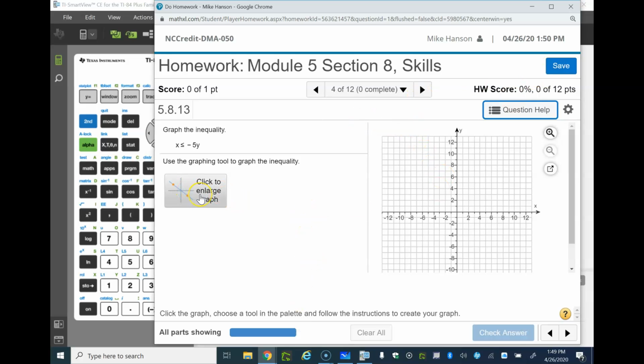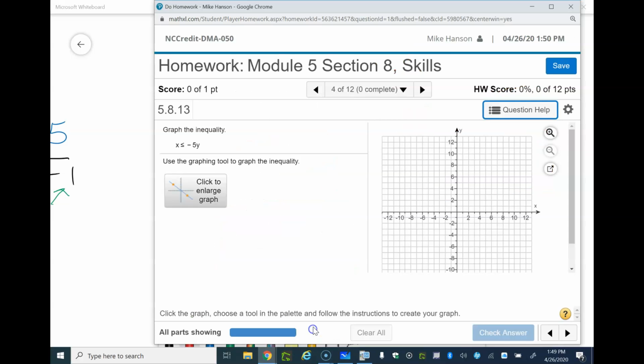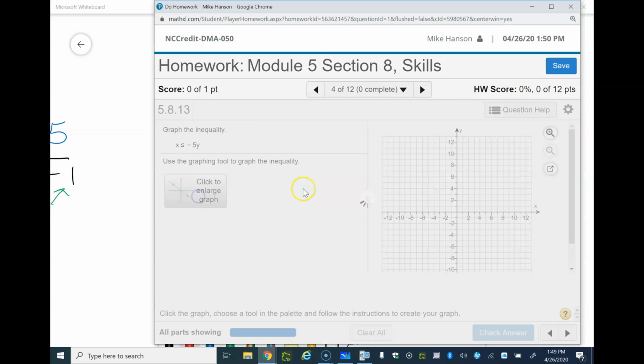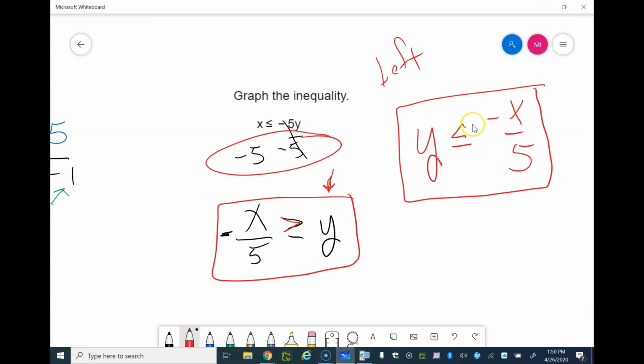So we're going to click on, let's get our equation 2. So y is less than or equal to negative x over 5. So we're going to click on our graph. With the two ordered pairs that I've written down, first of all, we're going to click on our line, and because it's going to be a less than or equal to, remember it's going to be a solid line.